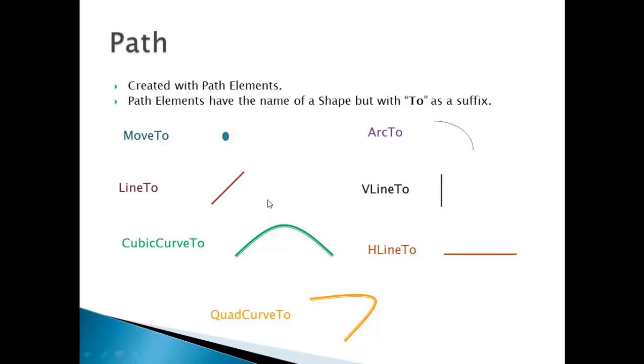Also we have QuadCurveTo, ArcTo, VLineTo, which is vertical line, and HLineTo, the horizontal line. Now let's take a look at NetBeans, at the code, and see how this is done.